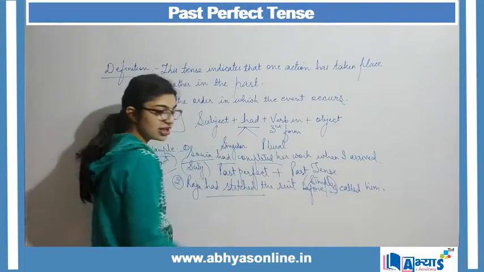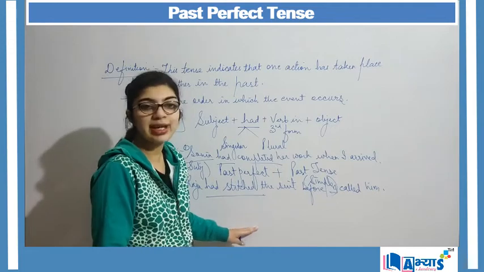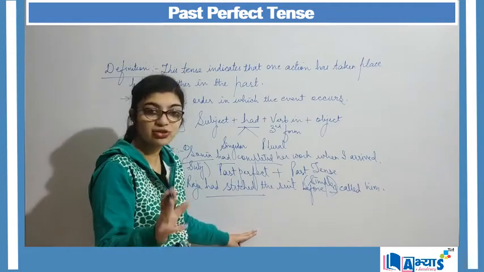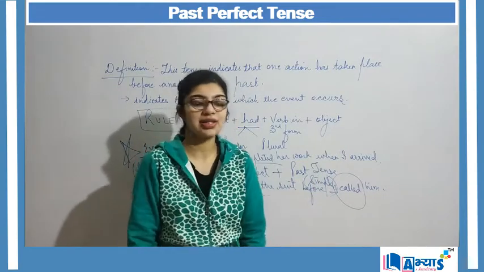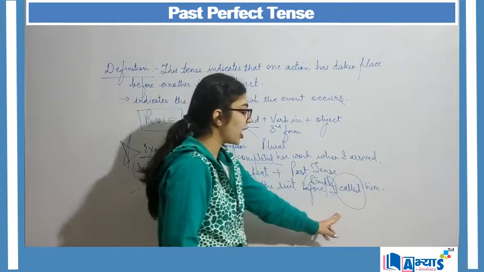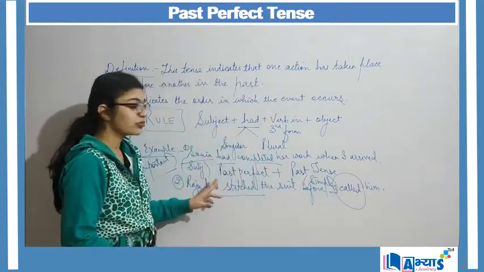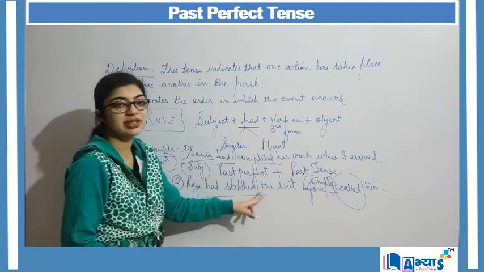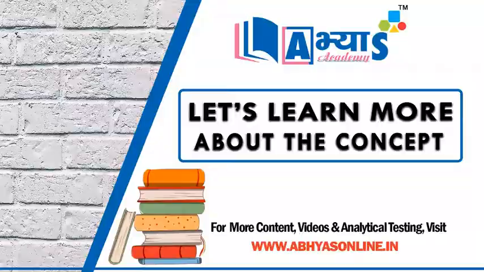Now, had stitched is the example of past perfect tense. If in the same sentence another tense has to be used, that will be a simple past tense. So Raju had stitched the suit before I called him. This is again an example which proves that with past perfect tense, always past tense will be used.